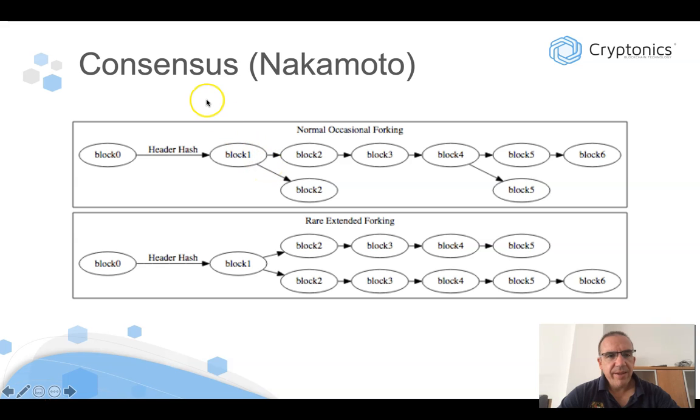And basically, Bitcoin's consensus algorithm is extremely simple. We just call it Nakamoto consensus, but could be called anything really. Basically, it just means the longest chain wins, or the chain with the biggest support in terms of computing power wins.